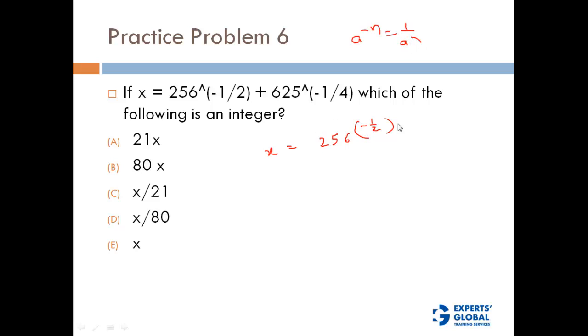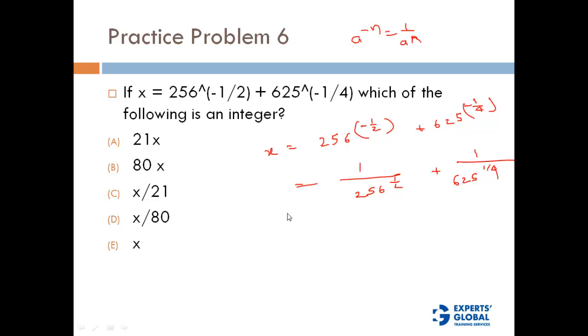So using this logic, we'll rewrite both the terms. We'll write that 256 raised to minus half is 1 by 256 raised to half plus 625 raised to minus 1/4 is 1 by 625 raised to 1 by 4.